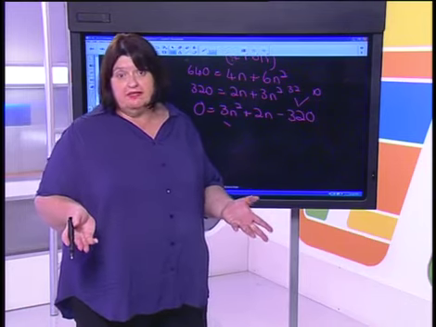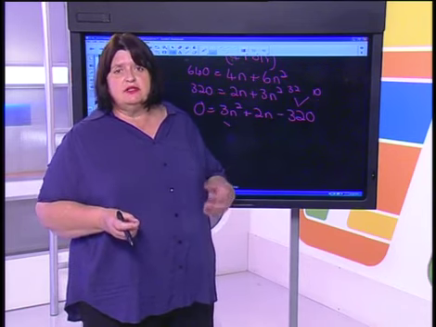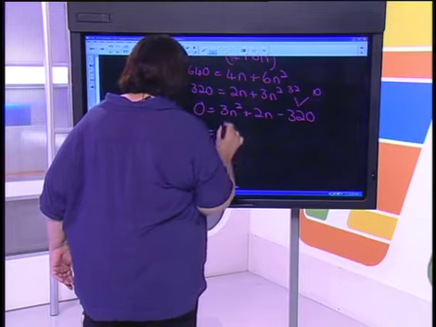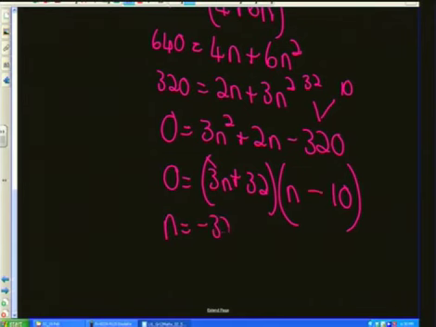Of course, if all else fails, you can use your quadratic formula. But in actual fact, I would suggest look for the obvious first. And if I do that, I can say 0 equals, and I'm going to make it a trinomial factorization. So I've got 3n and n. I'll put the 10 there and the 32 there. That makes that a plus and it makes that a minus. So n is equal to minus 32 over 3, or n equals 10.